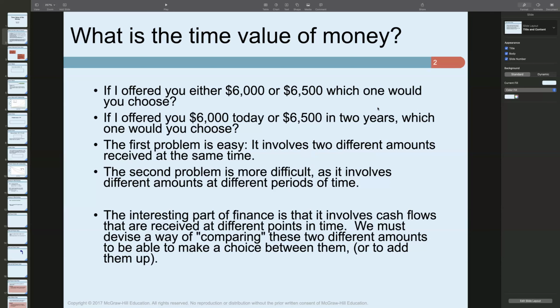Select your answer. What would you rather get, 6,500 in 2 years or 6,000 today?